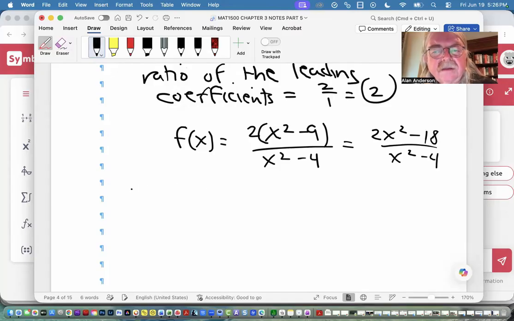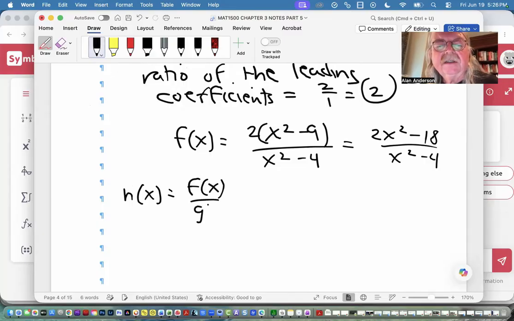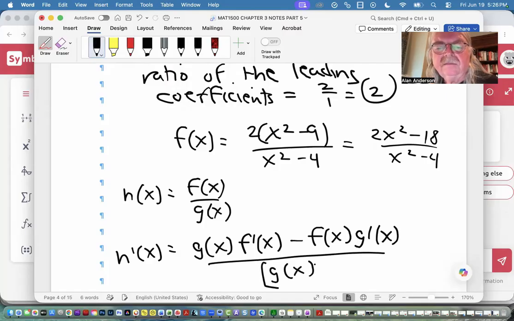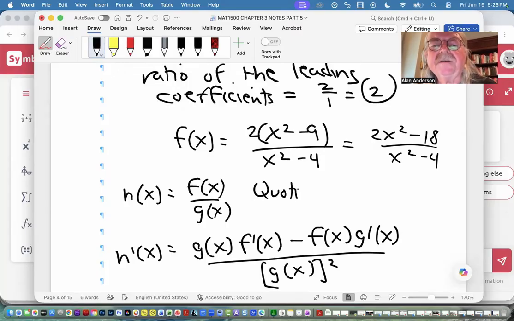I think it's easier to write this as h of x is the ratio of f of x over g of x, and then h prime of x is g of x times f prime of x minus f of x times g prime of x, all over g of x squared. Okay, so this is, of course, our quotient rule. This is how we're going to find our relative minimum point.